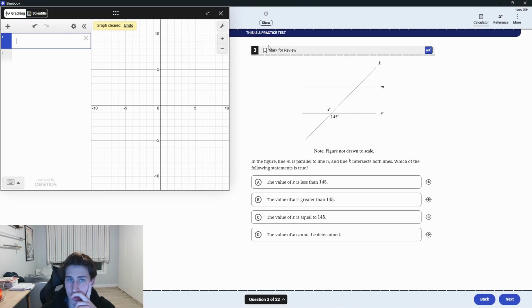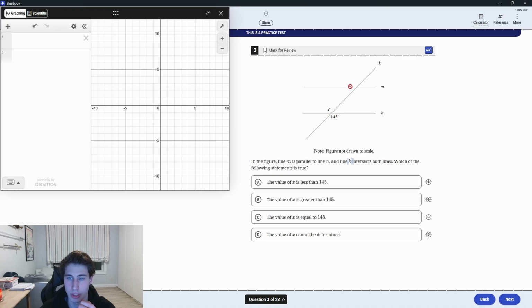Next, number 3. In the figure, line M is parallel to line N and line K intersects both lines. Which of the following statements is true? If you've taken geometry before, which I'm sure you have, you'll know which angles are equal to each other. Here, 145 would also be equal to 145 here.